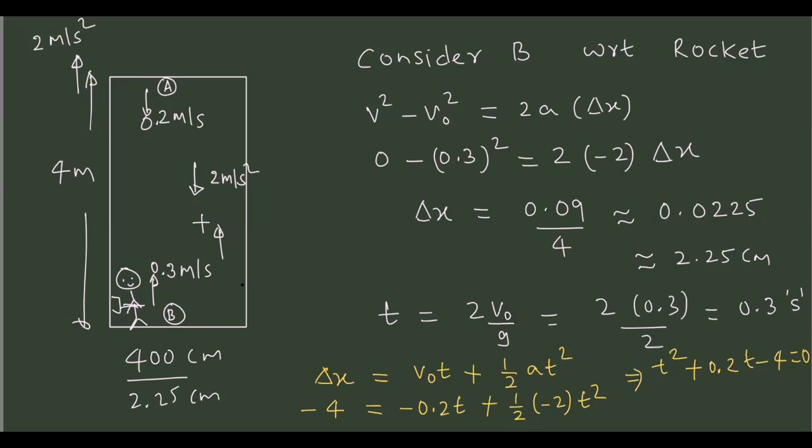Since the rocket B is stuck there, I don't have to worry about B, because A is almost going to meet at the other side of the chamber, right? So the problem actually gets converted into something like this: how long does A take to go to the other side? That is why we don't have to worry. Once we get that perspective, we don't have to worry about B at all.